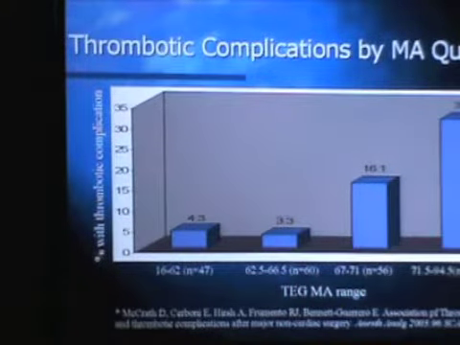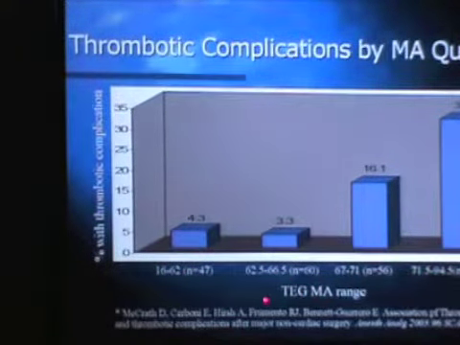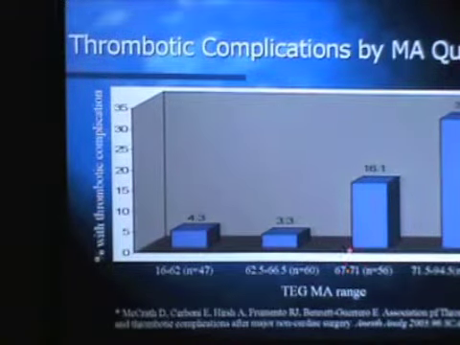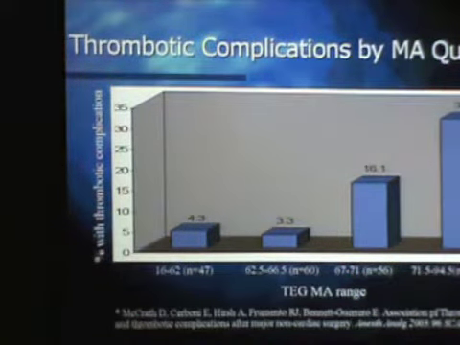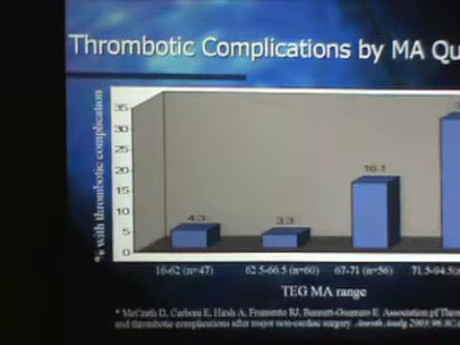G, again, is a calculation from MA. But what he shows here, he put the MAs into 4 different quartiles. And what we see here, even though this third quartile is in the normal range, you still had a high number of ischemic events occurring from that. So in your third and fourth quartile, that's about a 70% predictor.